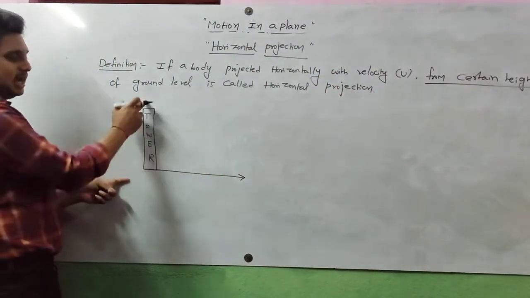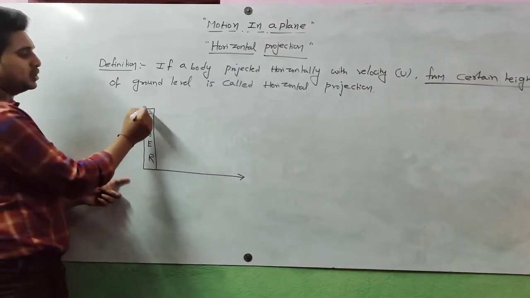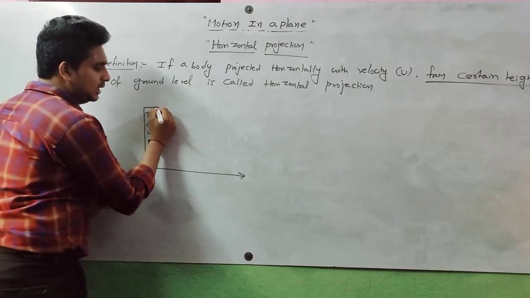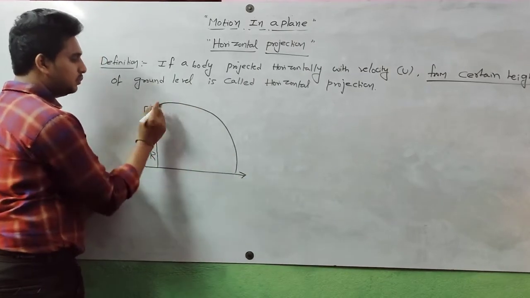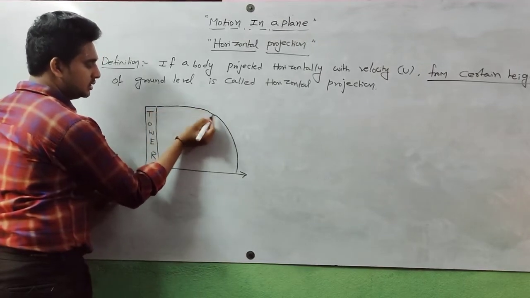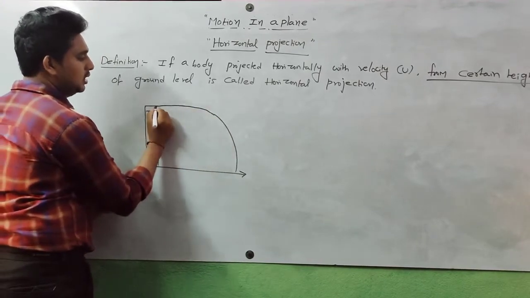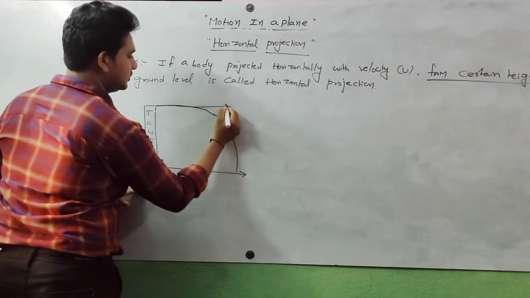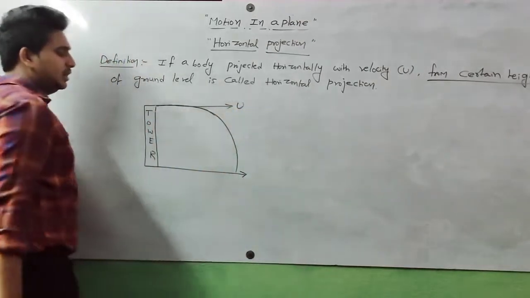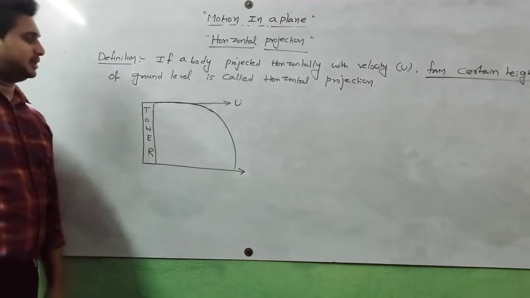Certain height means I consider a tower. The body is projected from the tower horizontally. This is projected like this, horizontally, with a velocity u.